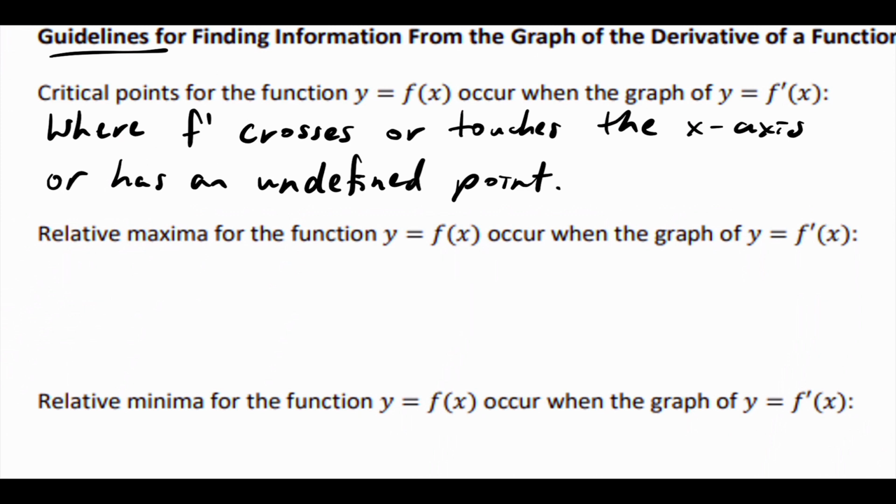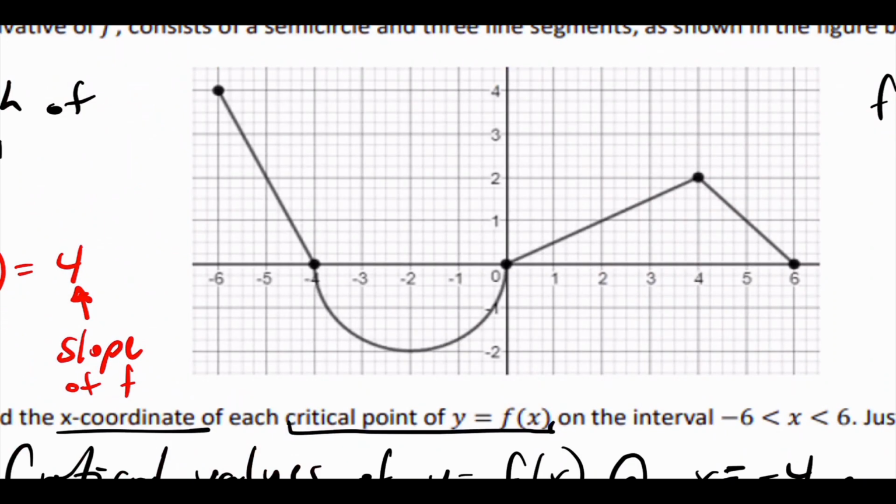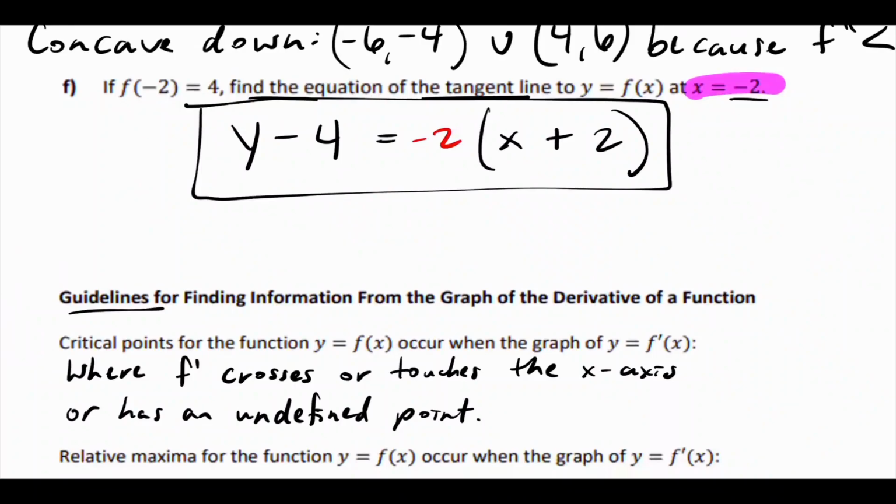Okay, so that's what we're looking for. Relative maximum, relative minimum, when we're looking at this graph. What told me there was a relative maximum or a relative minimum? Exactly, when it crosses the x-axis from positive to negative, from positive y values to negative y values. So let's write that down.